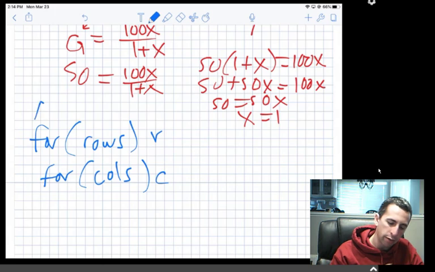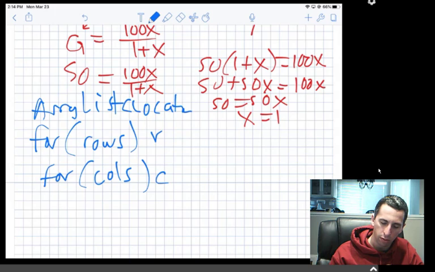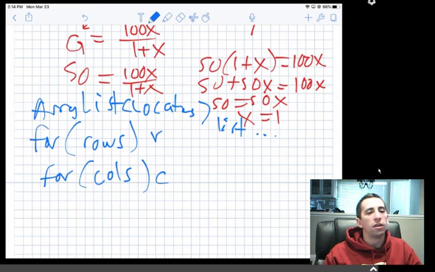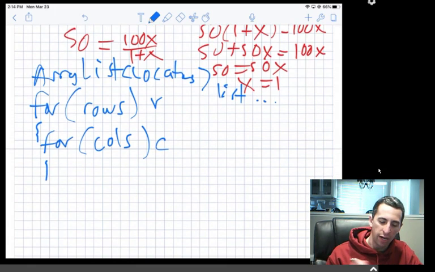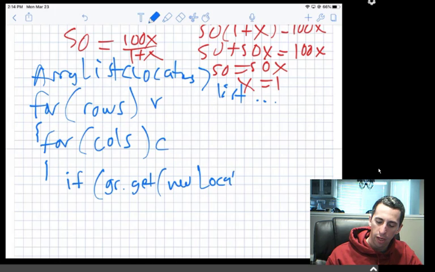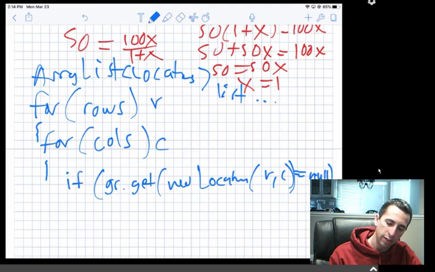So what I would do is set up an array list of locations. Let's just call it list or whatever. Then basically, let's figure out how many empty spots there are. This is really the easiest way. So find an empty spot. So if your grid.get new location R, C, if that spot is null when you call .get on it, then you add that to the list.